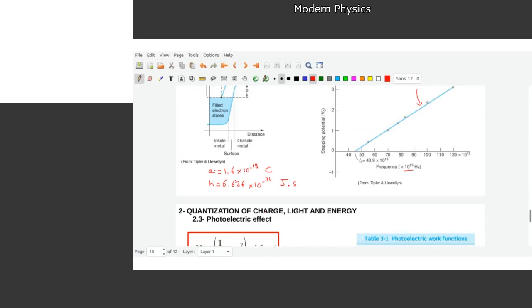I remind you that these two values are approximations. I didn't write all the digits, but both e and h are exact values now.